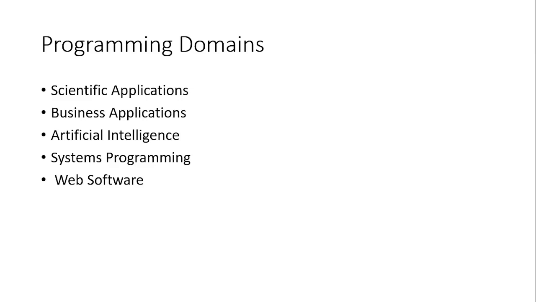And we have the next application, which is systems programming. So what is meant by system software? The operating system and the programming support tools of a computer system are collectively known as its system software.